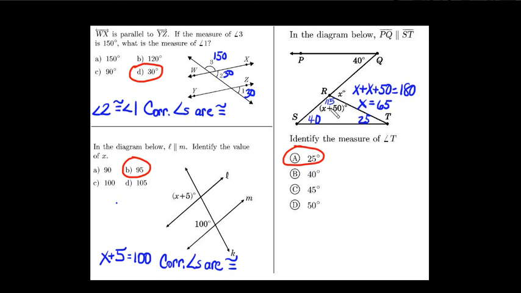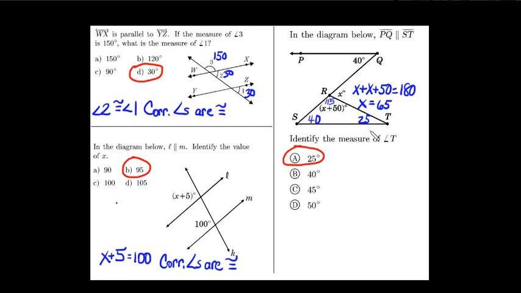Then I also know that for two parallel lines cut by a transversal, the alternate interior angles are congruent. And up here I'm told that this angle is 40. So down here, angle RST has to equal 40. And since I know this angle is 115 and this angle is 40, I'm able to figure out T as being 25 because all the angles of a triangle add up to be 180.